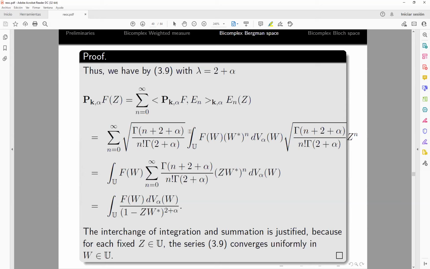We can interchange the integral and the summation. And then we get this, and all this series that appears here is precisely the function 1 over (1 minus z w star) to power 2 plus alpha. And then we are done.